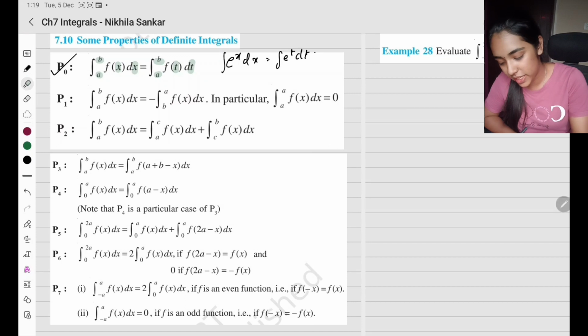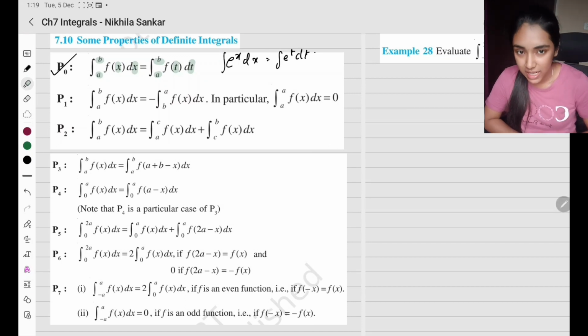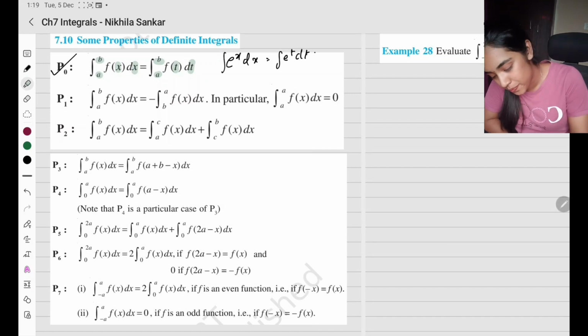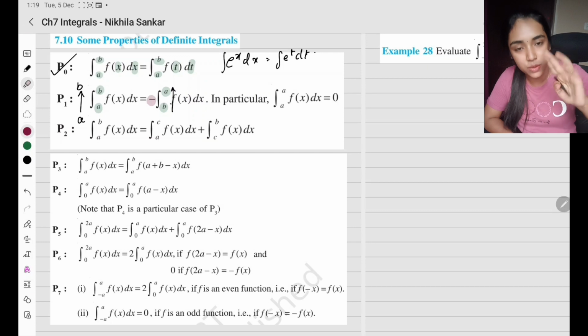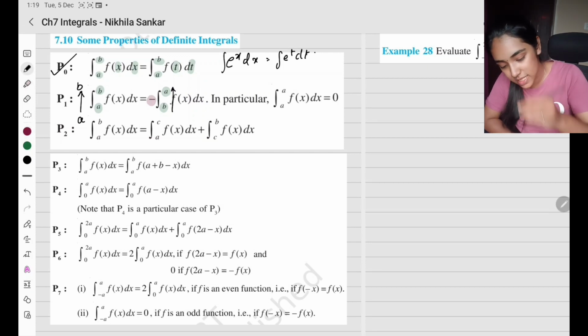Now what is the next property? We saw it in the last question of the previous exercise. When you have the lower limit as a and the upper limit as b, and you change the limits from a to b into b to a, you have to remember to put a minus sign. So when you interchange the limits, you have a minus. What did we see in the last sum?